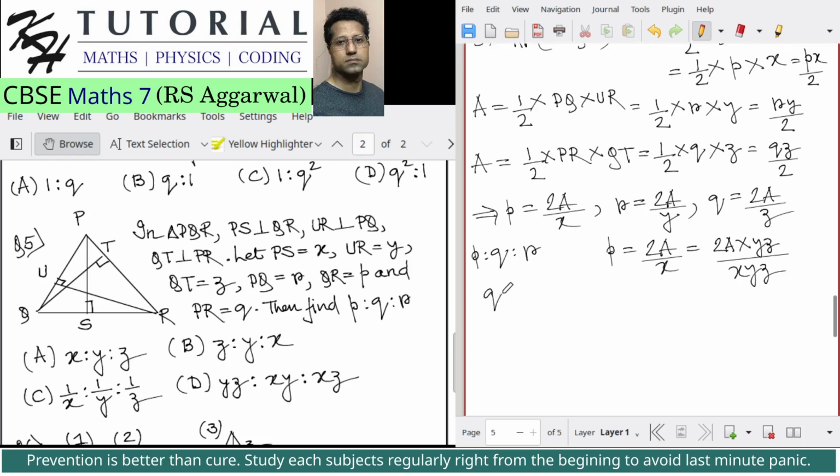Similarly, Q is 2A by Z. This will be equal to 2A multiplied by XY, and I am multiplying both the numerator and the denominator by XY, so this becomes XYZ. Similarly, R is equal to 2A by Y. So I will multiply both the numerator and the denominator by XZ, so that the denominator becomes XYZ.